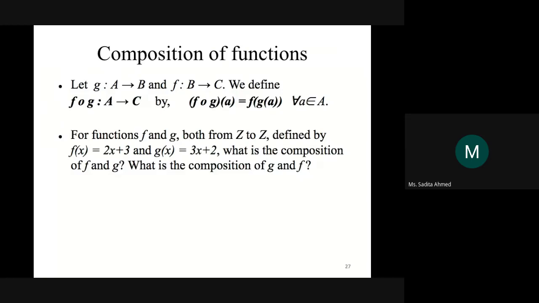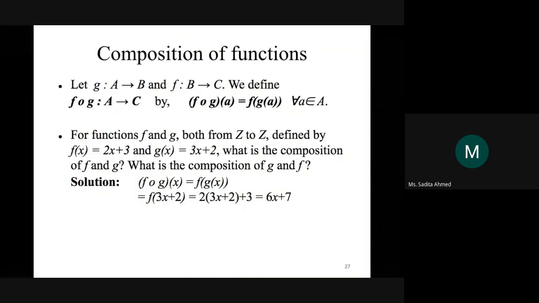Okay. Now, in order to find the composition of f and g, the composition of f and g is FOG. So when you do that, first you compute which function, f or g, which one for FOG? g. So if you compute g first, in that case, you have to apply this function first, 3x plus 2.